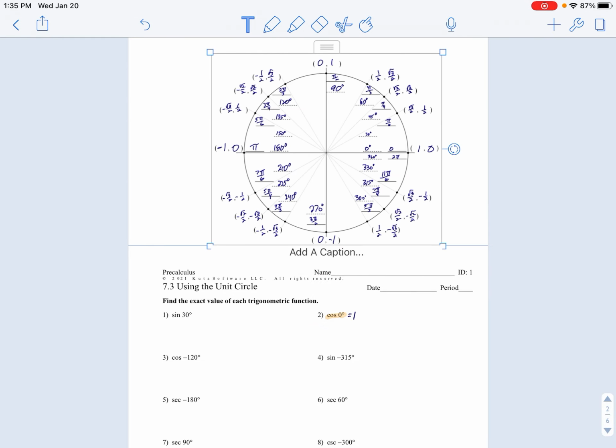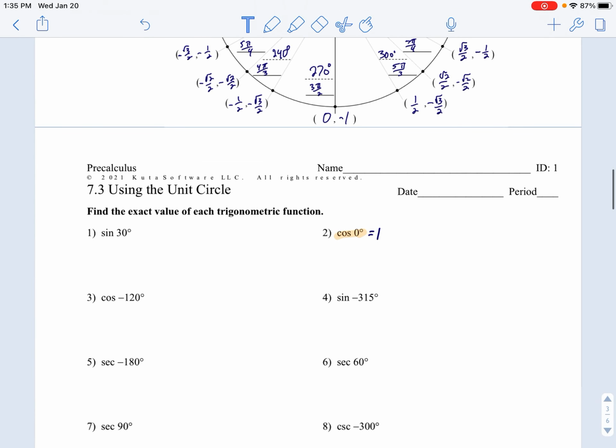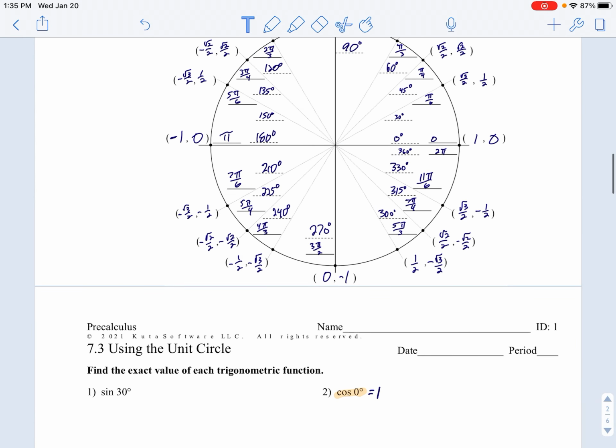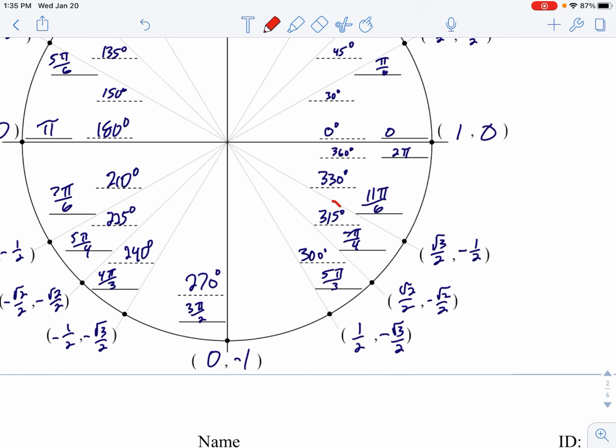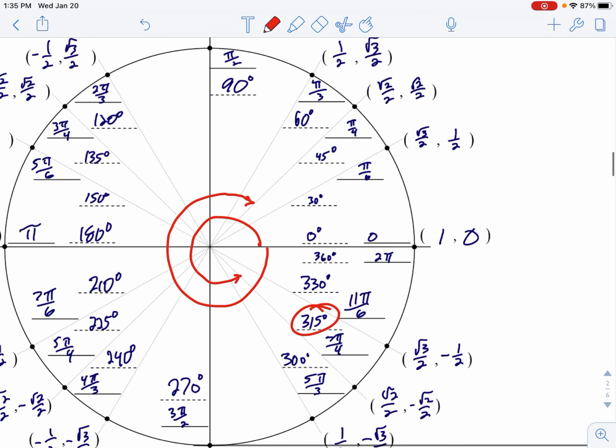There. Okay, so number 4, the sine of negative 315. Let me do a different color so it stands out a little bit better. 315 is here. Negative 315 goes the opposite direction and would take me here. So 45 is the same thing as negative 315.